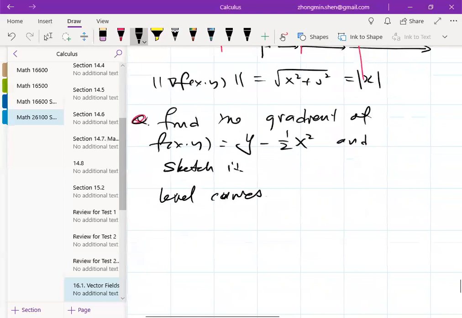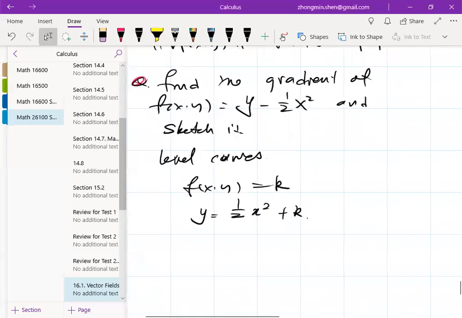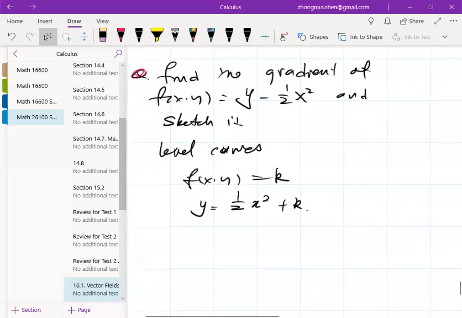The level curves look like that. F of x, y equals k. So if you plug in here, it's going to be half of x squared plus k. So you get a bunch of parabolas.